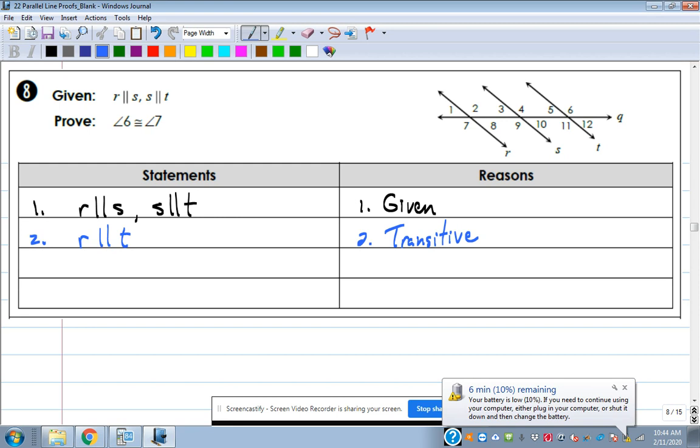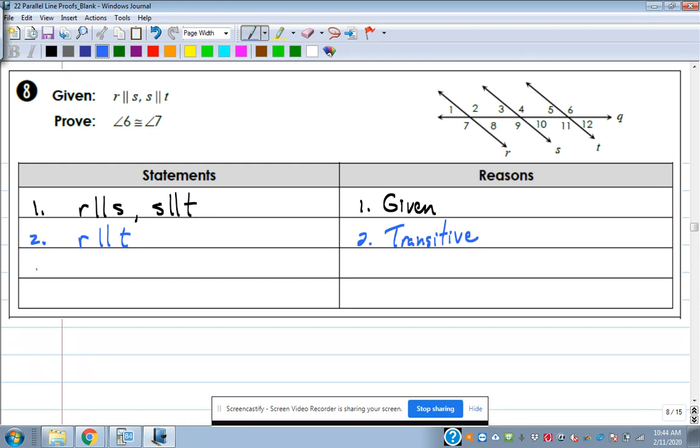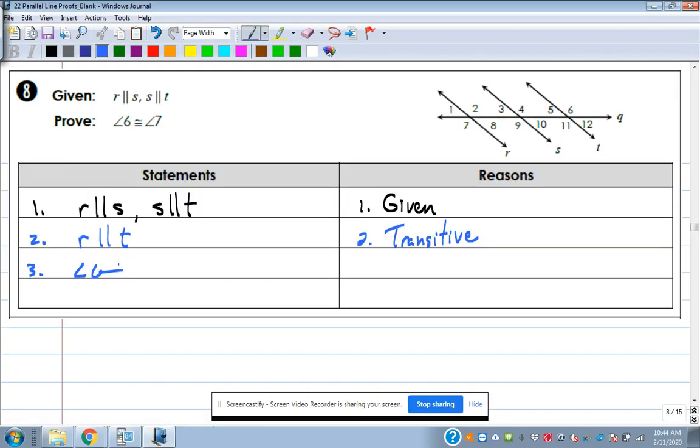Alternate exteriors. So since those lines are parallel, we get that relationship for free. Angle 6 is congruent to angle 7 through alternate exterior angles. Not the converse, but just alternate exterior.